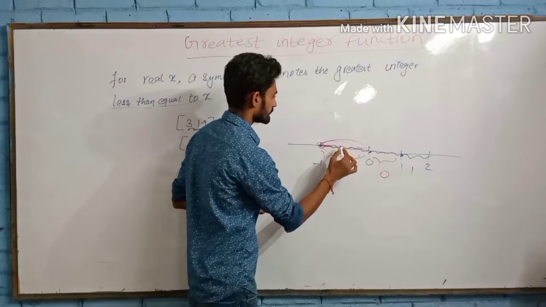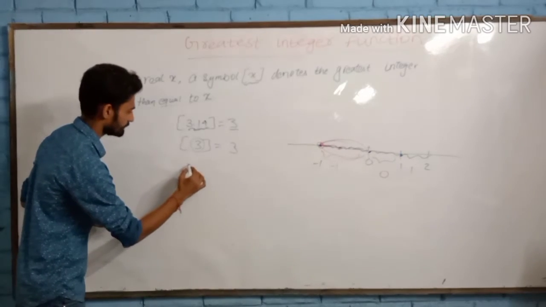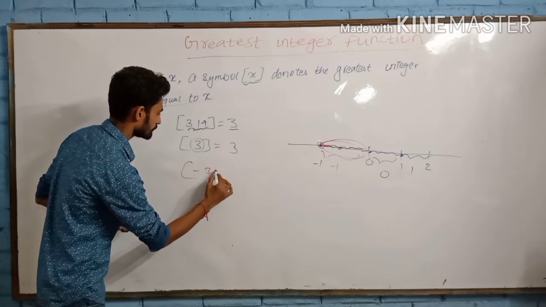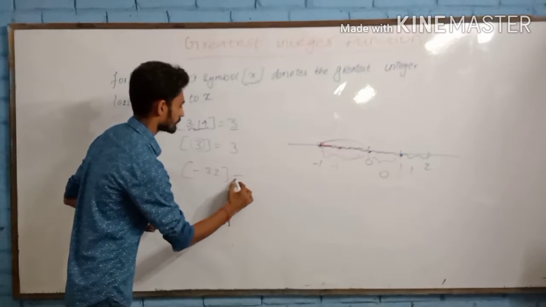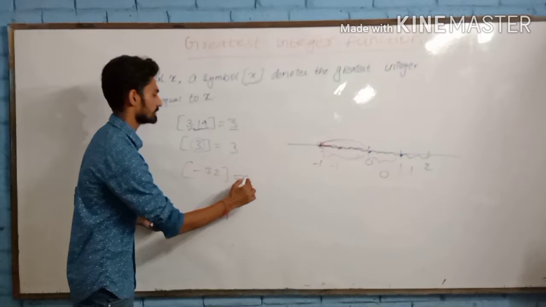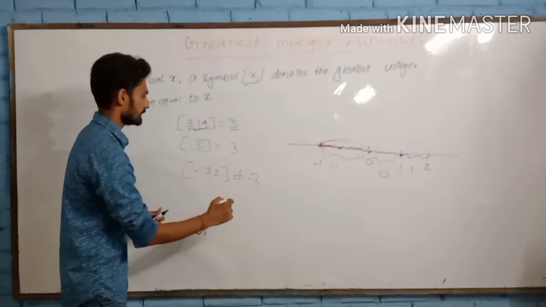And for negative values we have to see, like take the example of box of -3.2. Many students can write it as -3, but it's not correct.